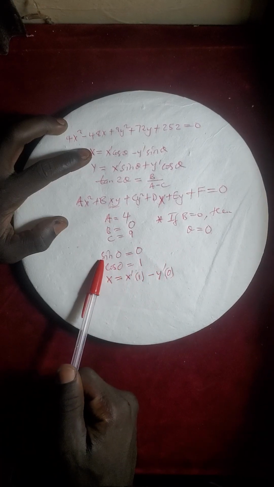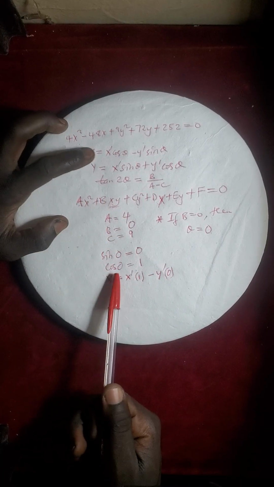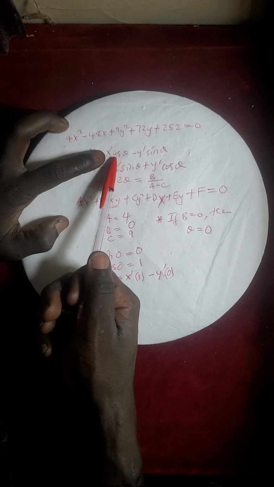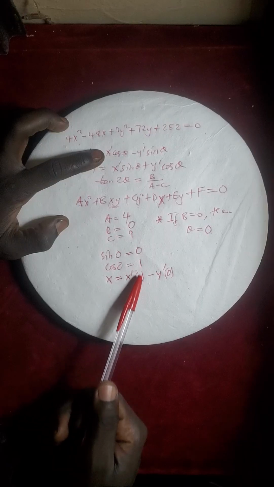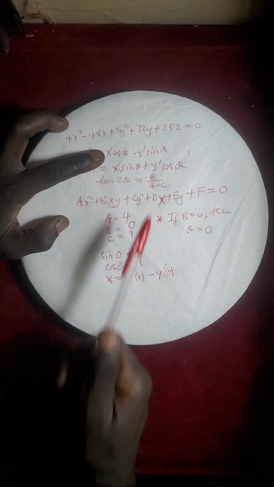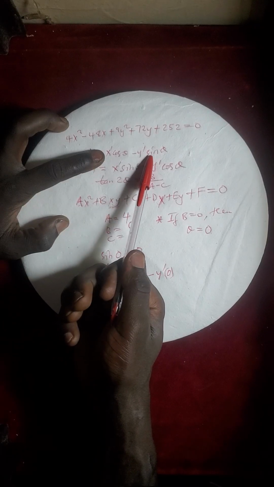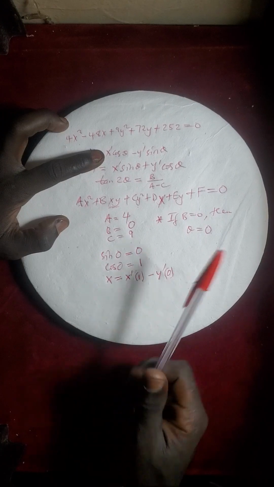I've just used this top part, which is x equals x prime cos theta, but I know it's cos 0. What is cos 0? 1. That's why instead of cos theta, I've put a 1. Minus y prime sine theta. What is sine theta? It's sine 0 in our case, which is 0.